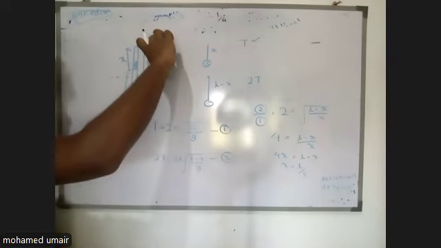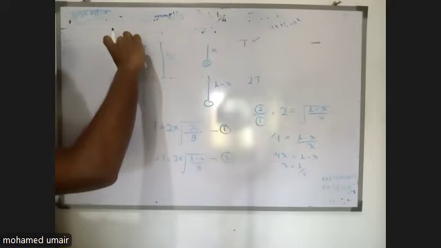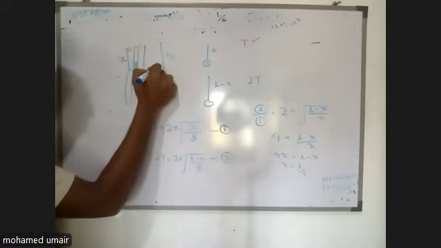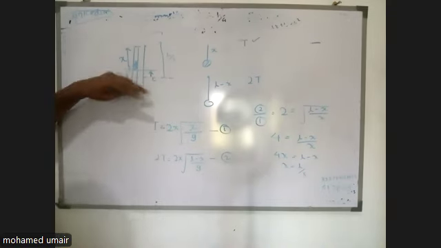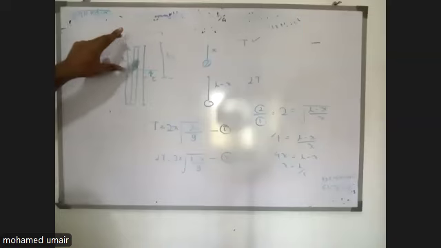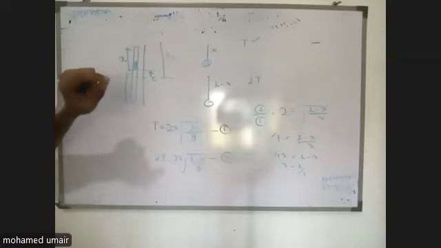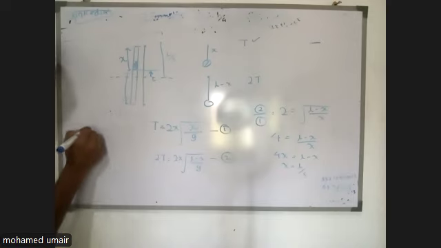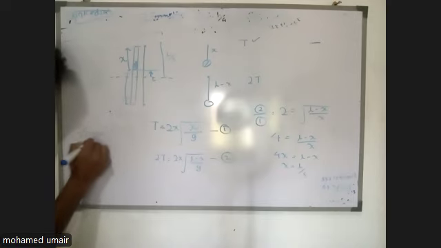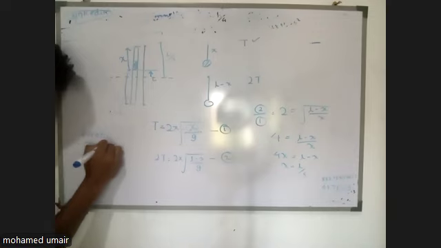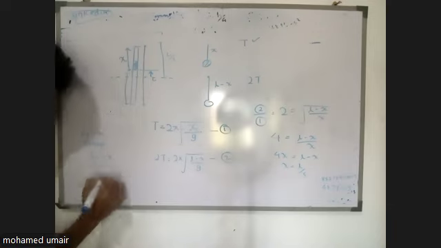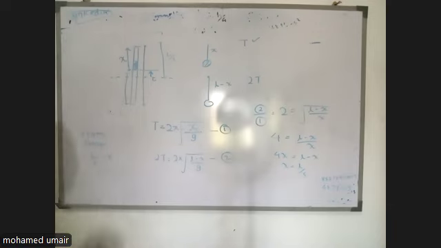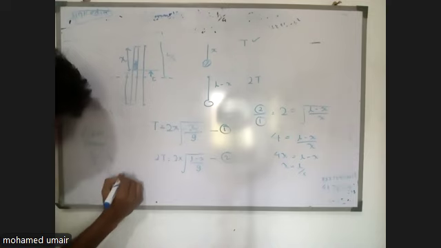It is L by 2 minus x that will get you this distance. They're asking from the center, so L by 2 minus x will be the answer. So from the center, it will be L by 2 minus x, which is equal to L by 2 minus L by 5.